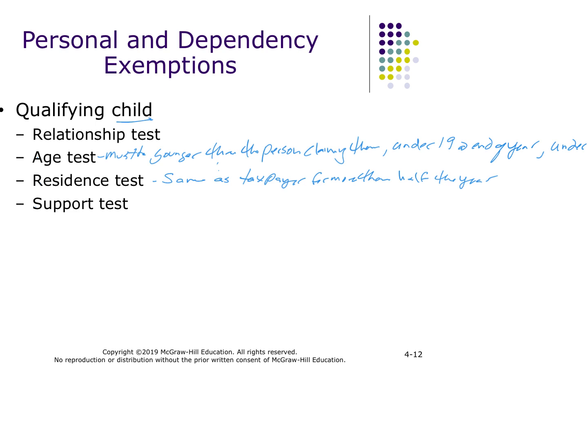Okay? All right? You also must pass the support test, which means the child must not provide more than half of his or her own support. Scholarships of an actual child are not considered support.